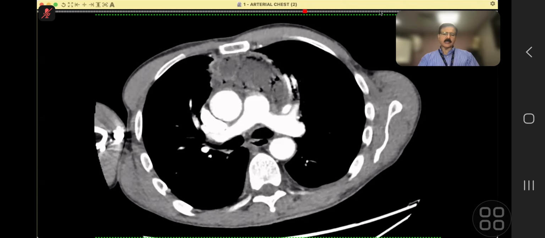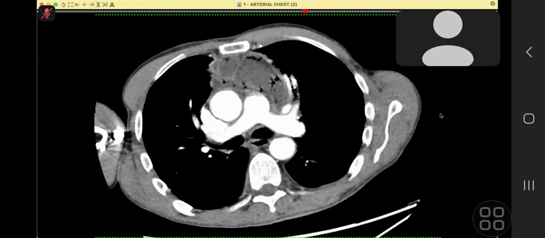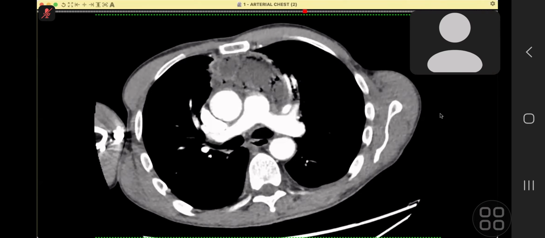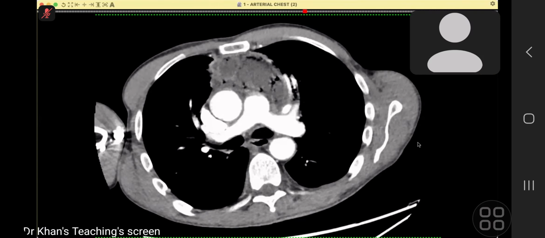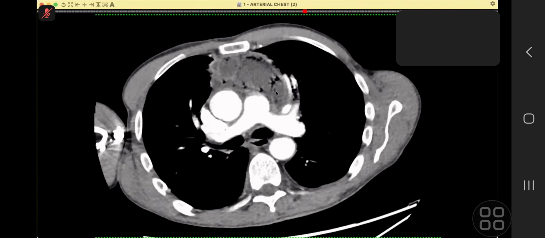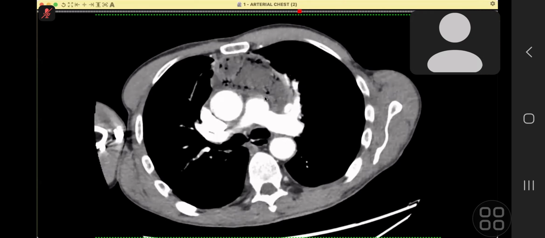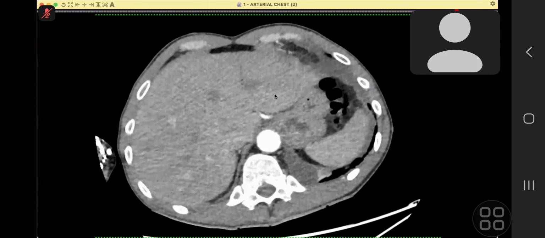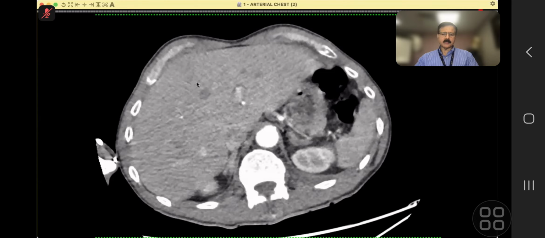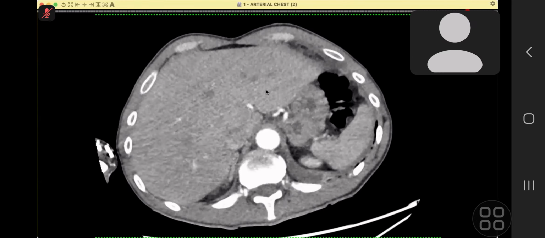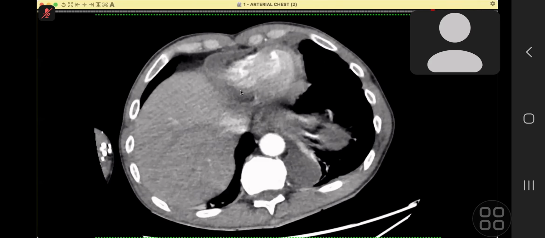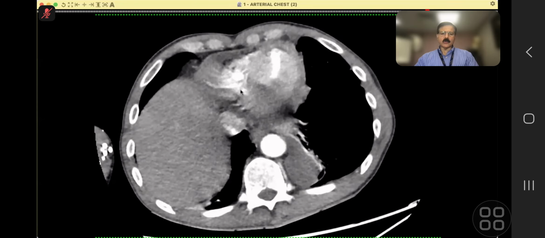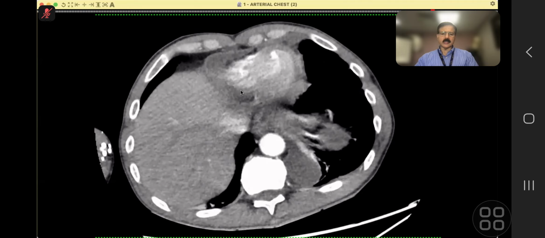I can see the mouse moving and you are moving it, so there is something happening. Okay, but I'm not able to scroll the images up and down. Okay, let me scroll it for you. I am going to go towards the abdomen, and slowly scroll till the top.